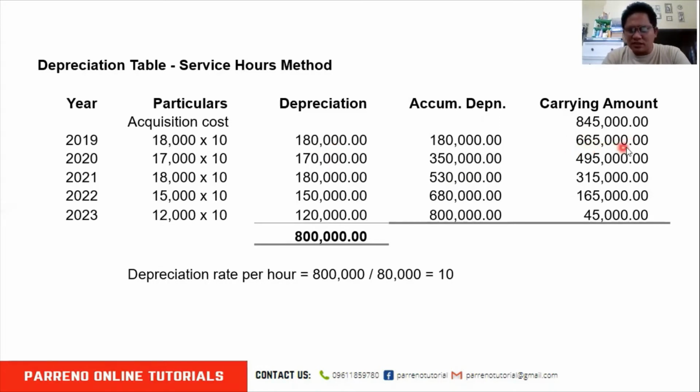So 665,000, for example, here, minus the depreciation for 2020, which is 170,000, your remaining carrying amount is 495. Likewise, for 2021, 495 at the beginning of 2021 minus 180 for 2021 depreciation, you will get the carrying amount of 315. And as always, the last year's carrying amount would be equal to the scrap value.